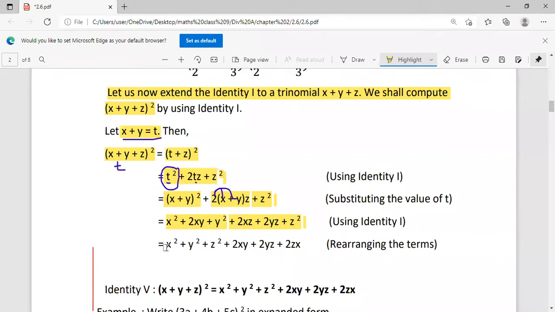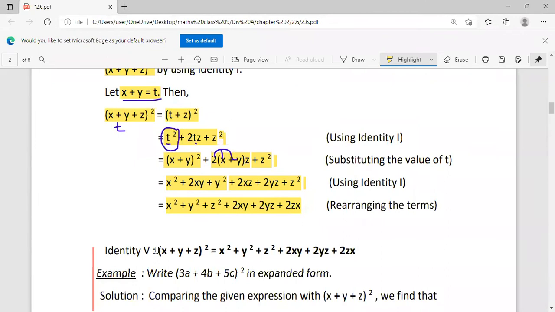That is, we are writing x squared plus y squared plus z squared, all these terms together, and the remaining terms 2xy plus 2yz plus 2zx. This is the fifth identity: x plus y plus z whole squared is equal to x squared plus y squared plus z squared plus 2xy plus 2yz plus 2zx.